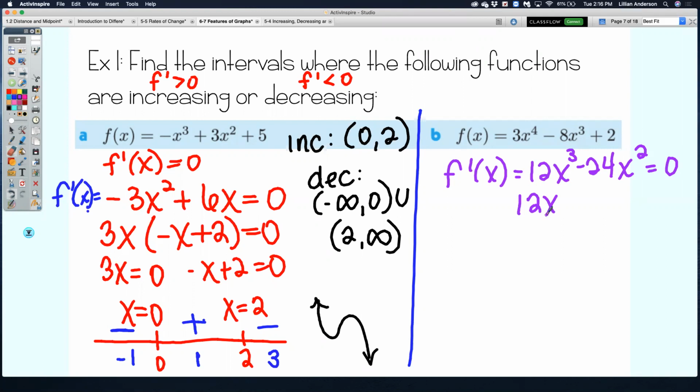Just the 12x? Well, when I do that, what do I have? x minus 2. Keep going.